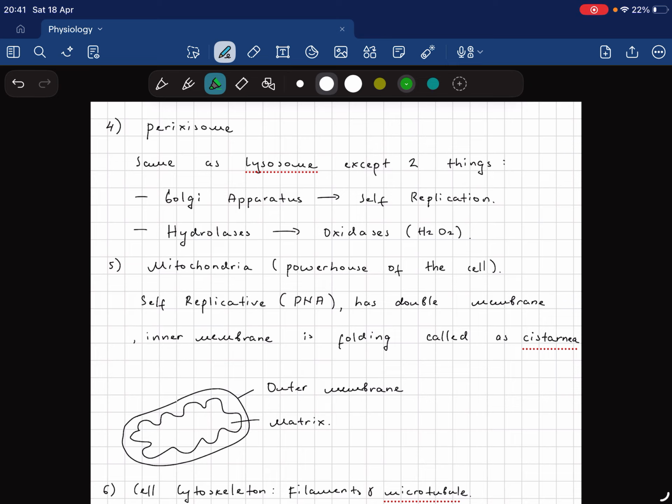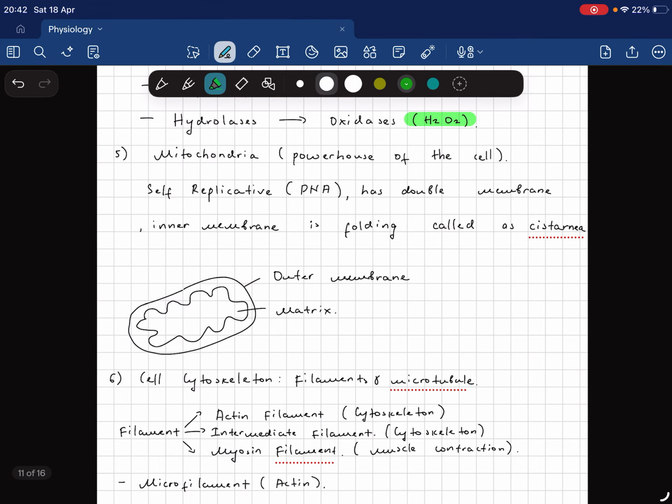In the Guyton it is said that we believe the peroxisome is self-replicative, or formed from the smooth endoplasmic reticulum, but this is still unknown. The next difference is that the lysosome contains hydrolases, but the peroxisome contains oxidases, which produce H2O2 in chemical composition.